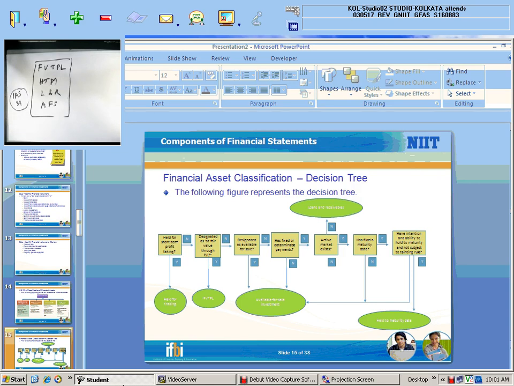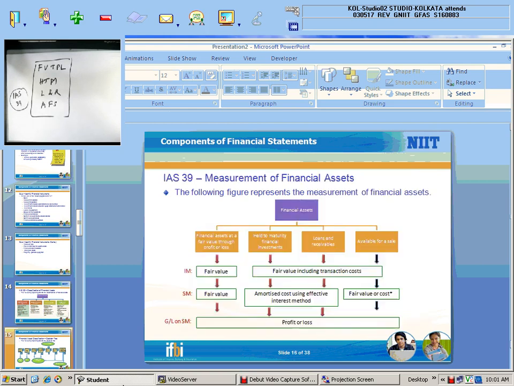Is that clear? So the entity can take help of the decision tree to decide in which particular category a financial asset should fall. So this is the classification of financial assets as per IAS 39.